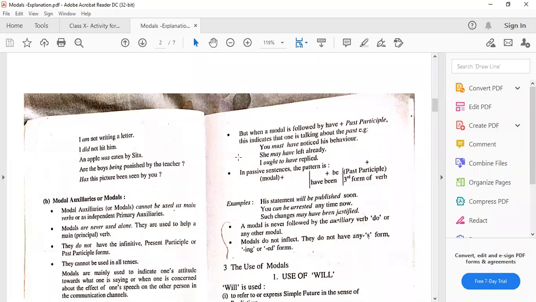If after the modal we are using have plus third form, that means we are talking about the past time.